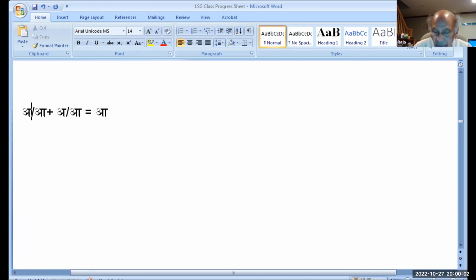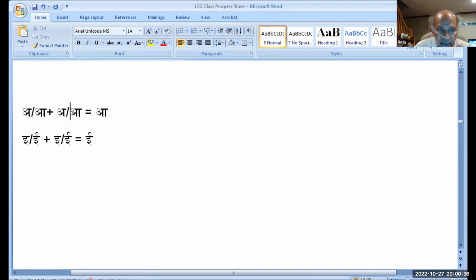I'll give a lot of examples: Rama plus Alayam, a whole bunch of them. Then we said, in a similar way, we take an "i" or long "i" and add a similar vowel, and the result is long "i". Ekaha: single one for the first one and the second letter.